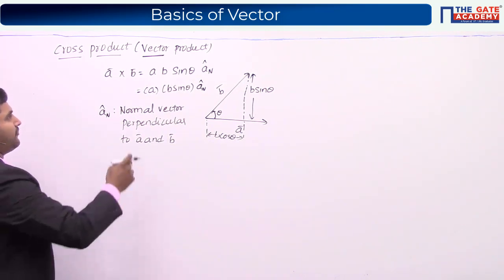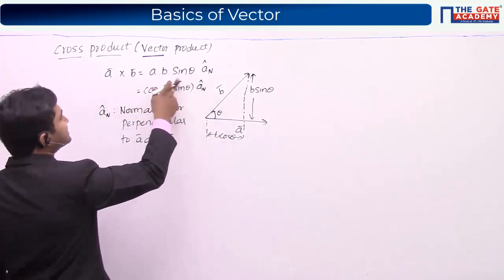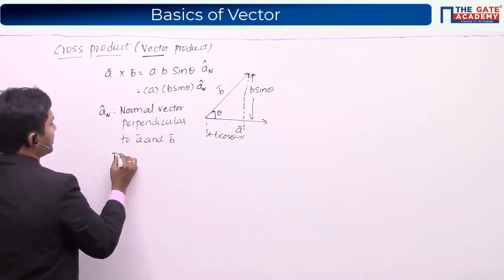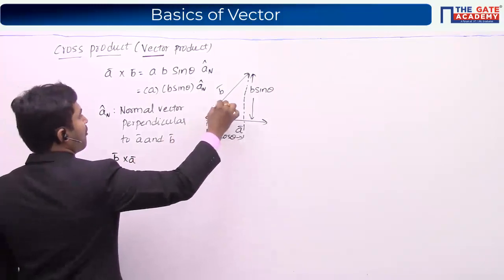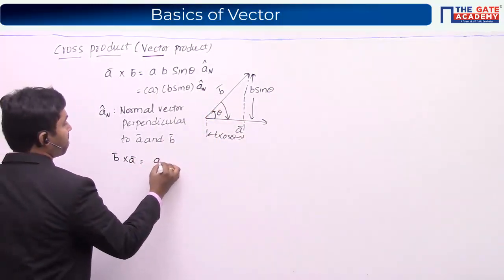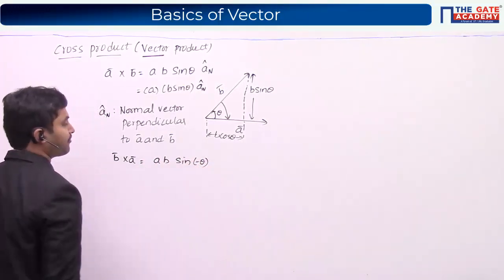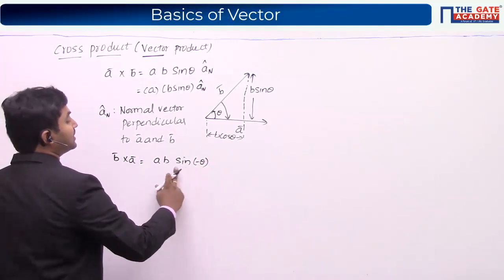So if I am going from A to B, A bar cross B bar, then the result is this. If I go from B to A, then what happens? AB sine of minus theta.